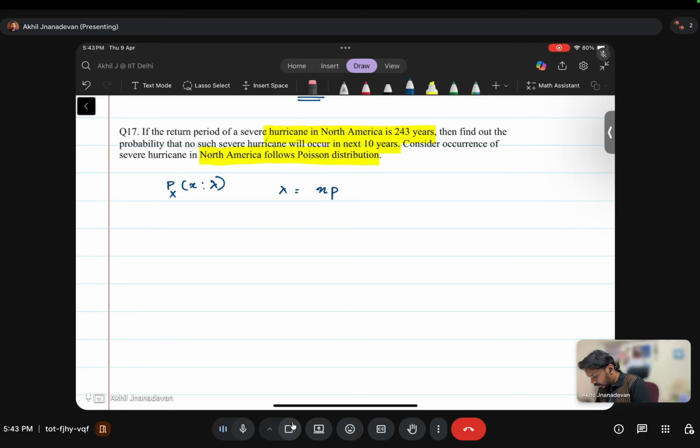The return period is given: T is 243 years, and p will be 1 by T, that is 1 by 243, which is equal to 0.0041.